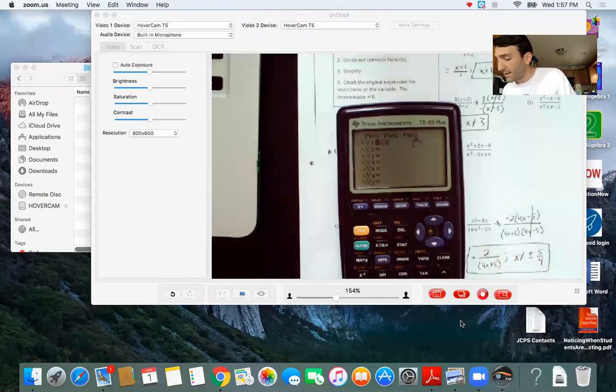Need to use parentheses there. 10 minus 8x, close parentheses, over, sorry, my screen's a little messed up there, parentheses 16x squared minus 25, close parentheses, and then punch in what we think the answer is. So that'd be -2 over 4x plus 5. And then you can look at the graph.